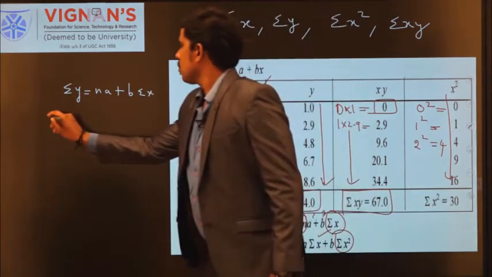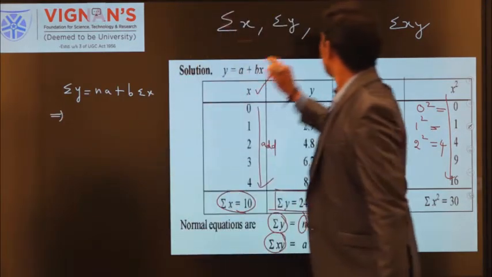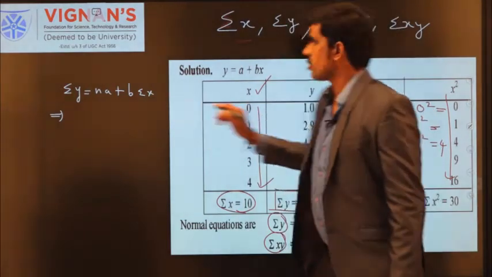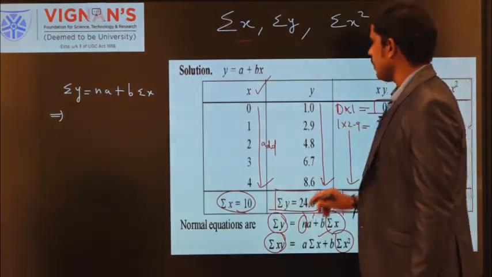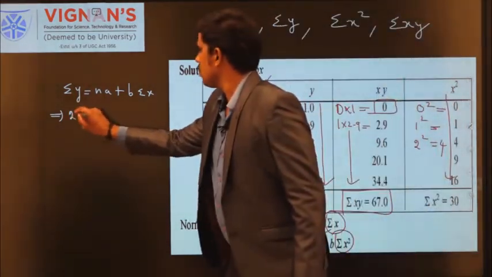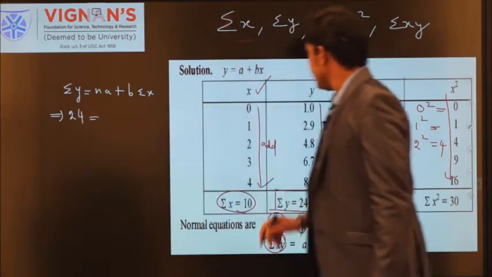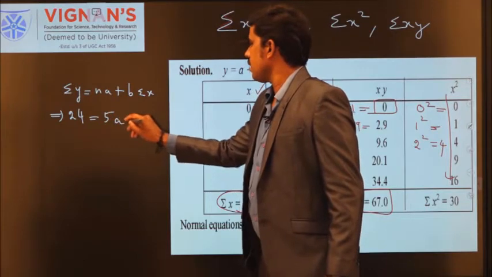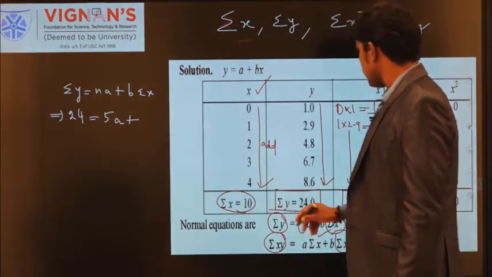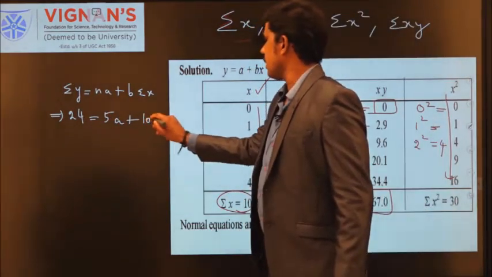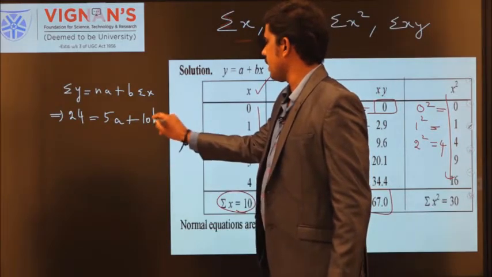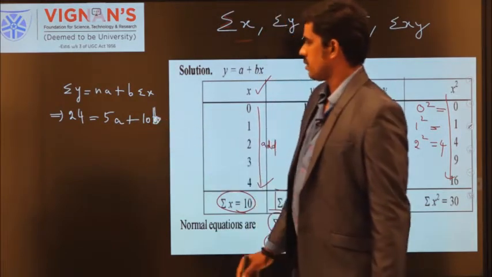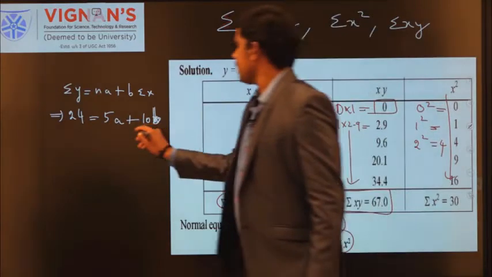This is my first normal equation. What is summation y? 24 is equal to n. How many values are there? 5 values are there, plus b into summation x, which is 10b. This is my first normal equation.